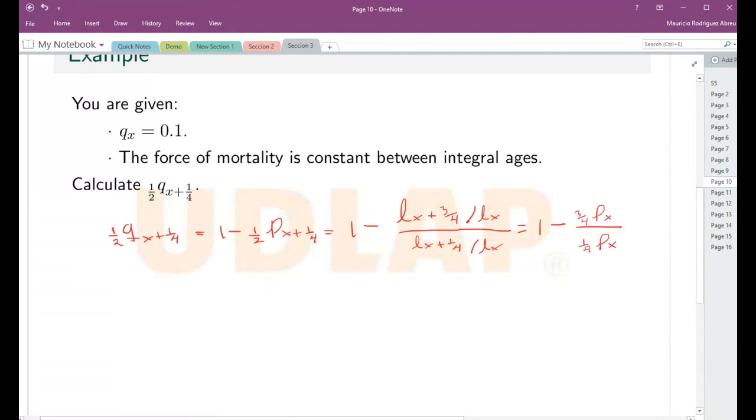And now we can use what we just have, right? So let me do this. Essentially, 3/4 this being px this power, and 1/4 this.